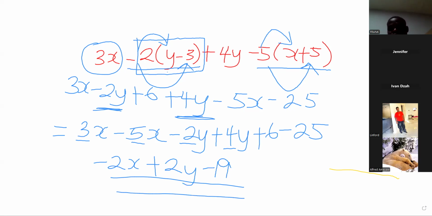Any question? Yes. How did you reduce the x and y?